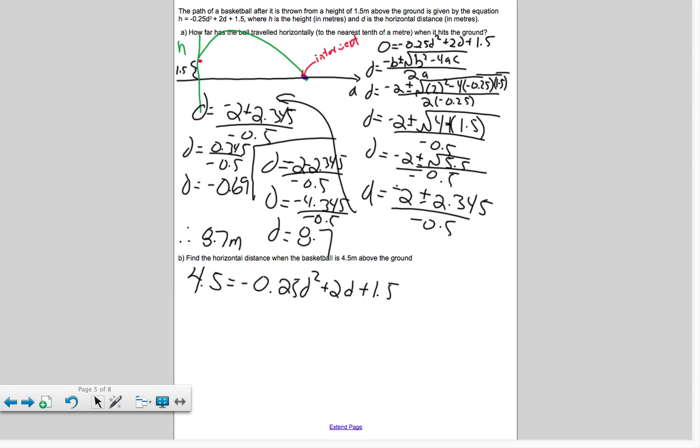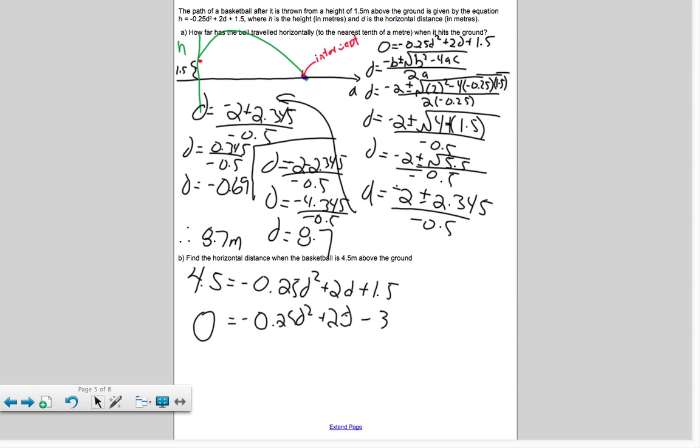We just subtract 4.5 from each side, so it's just 0. So you get negative 0.25D squared plus 2D minus 3. Now you're solving this quadratic equation.